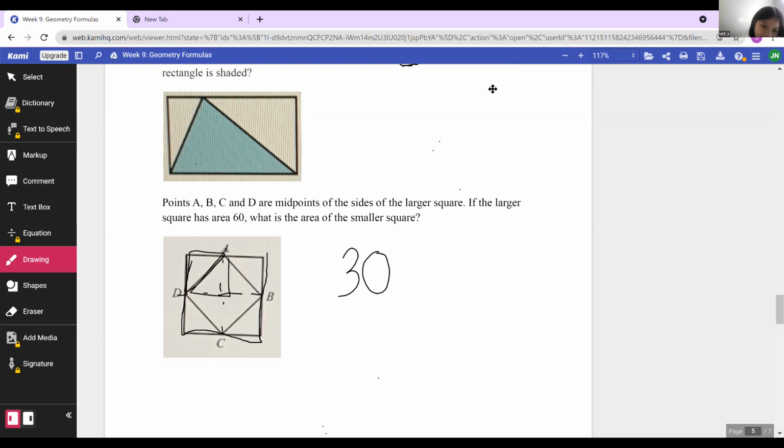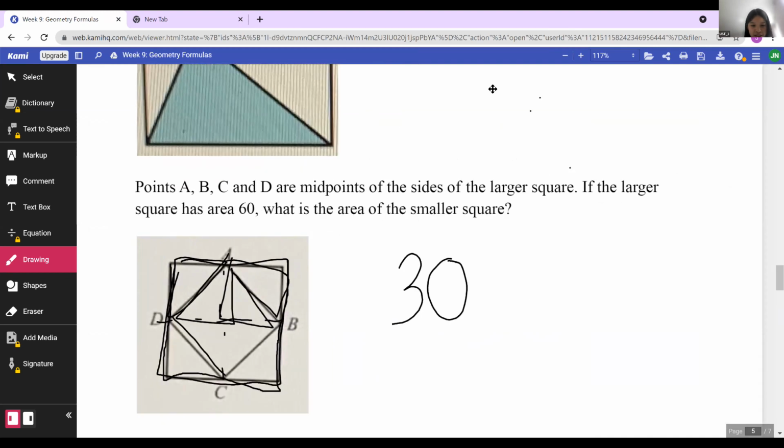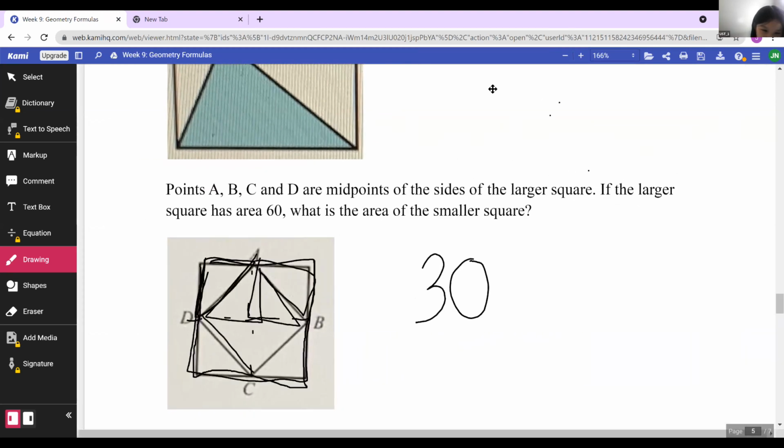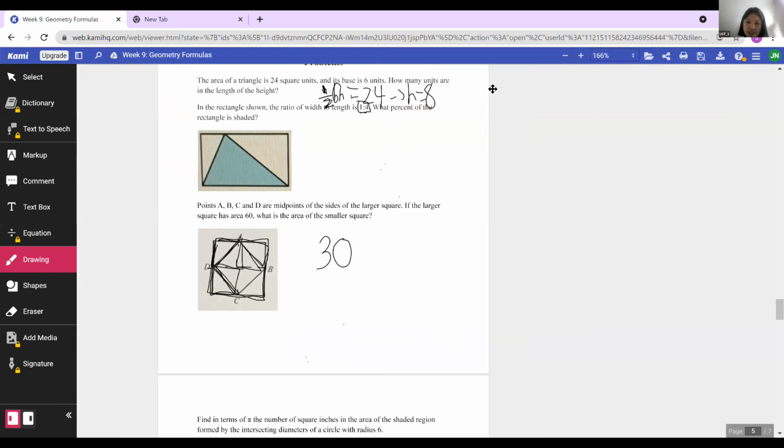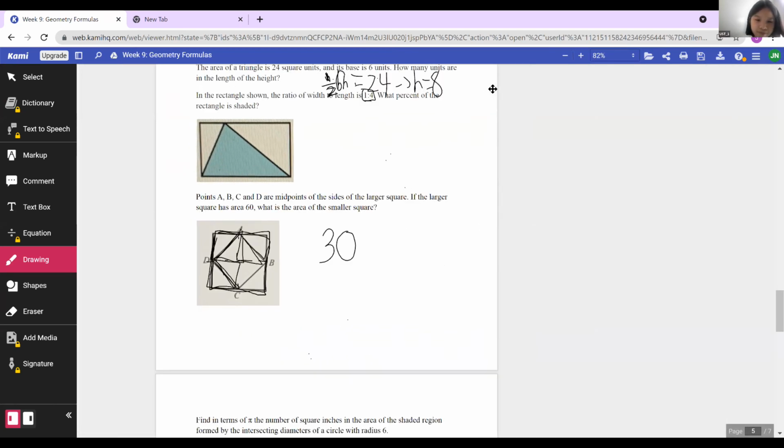Exactly. You could think of this smaller square like a rhombus. Then it's basically showing how the area formula works. These triangles and these triangles are equal area. So it's 60 divided by 2.